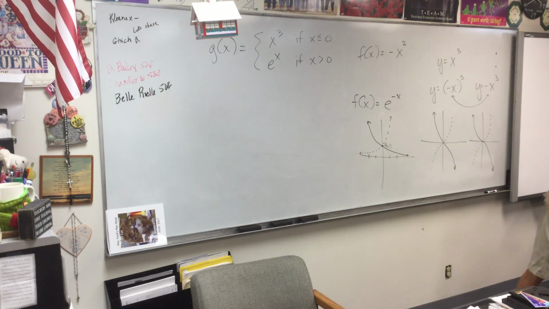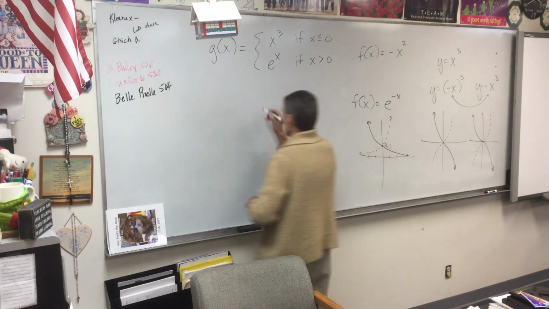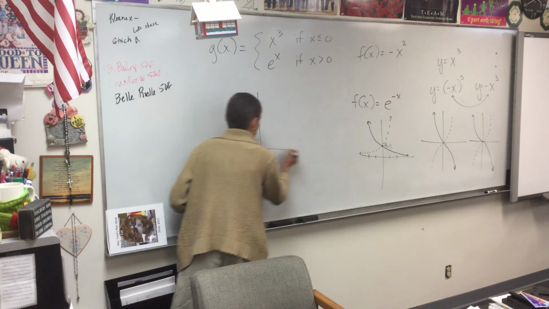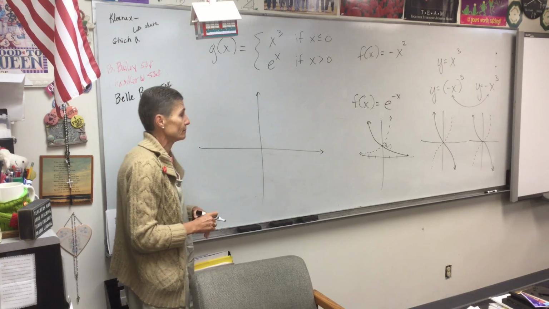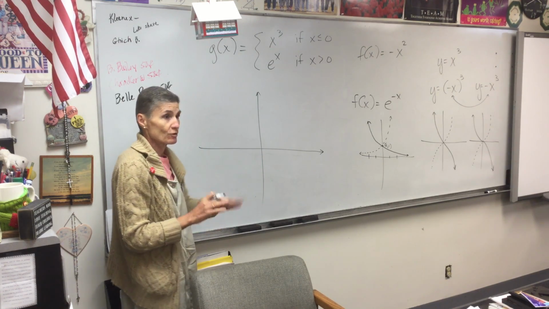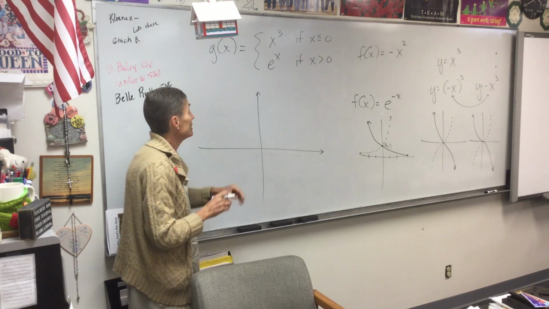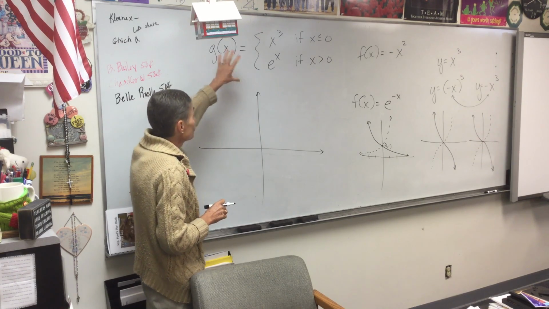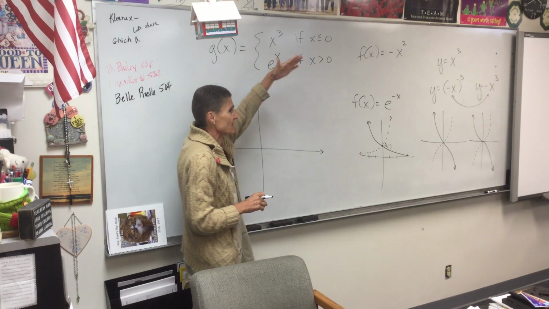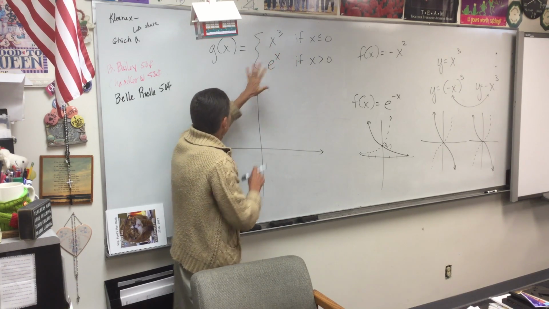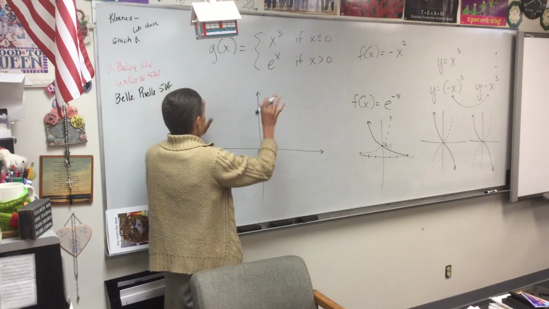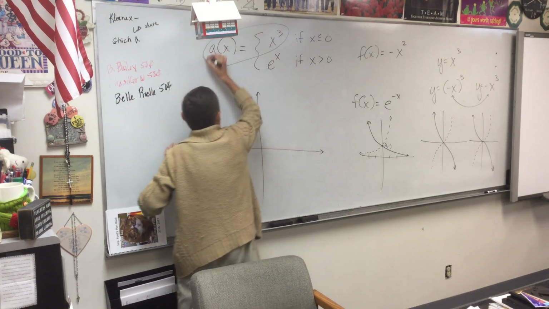Okay, now there's always more than one way to do it. But after years and years of doing this, there seems to be one way that kids manage it better. So that's how we're going to at least start it today. We're going to graph this. It's two pieces. This one is just two pieces. They could be 3 or 4 or 5. And we're just going to forget everything in the problem except this right here.